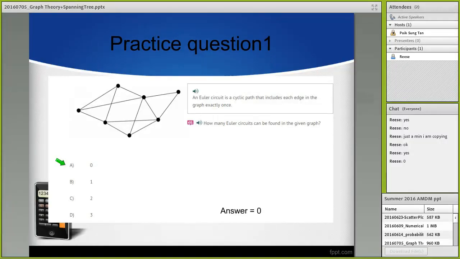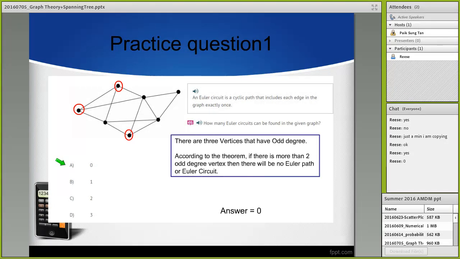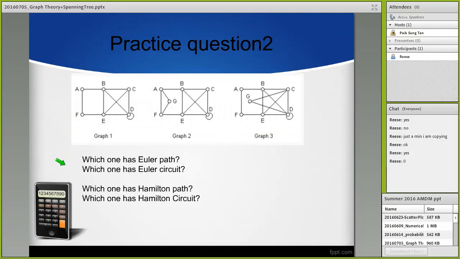The answer is 0. Why? Because these three vertices have odd degree. So according to the theorem, if there are more than two odd degree vertices, then there will be no Euler path or Euler circuit.